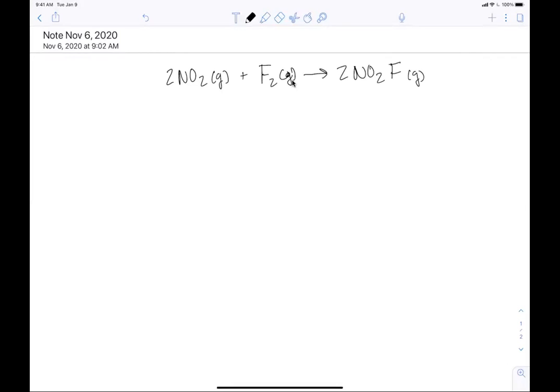But anyway, this is the overall reaction, which we've just referred to as the reaction. It doesn't tell you the path between the reactants and the products. It just tells you I start out with reactants and I get products.